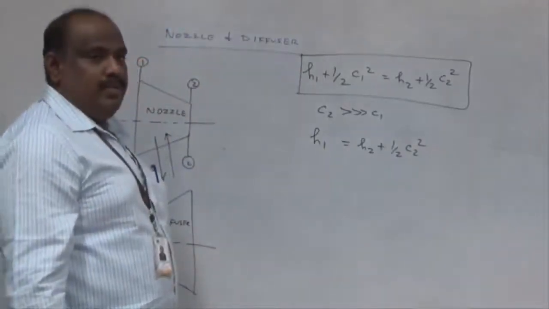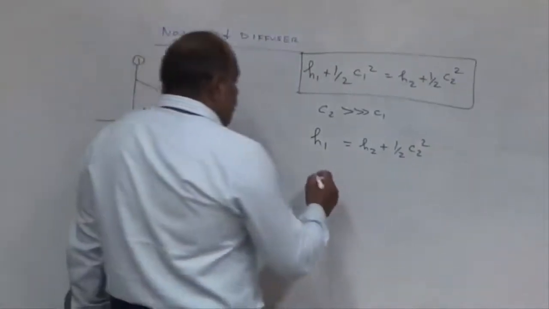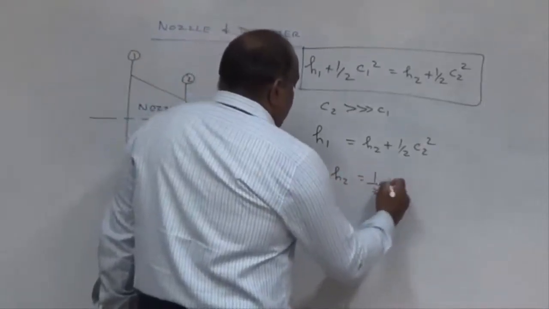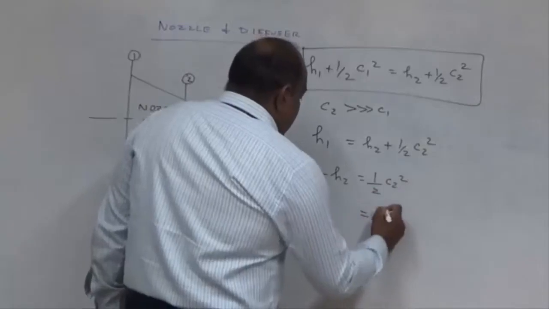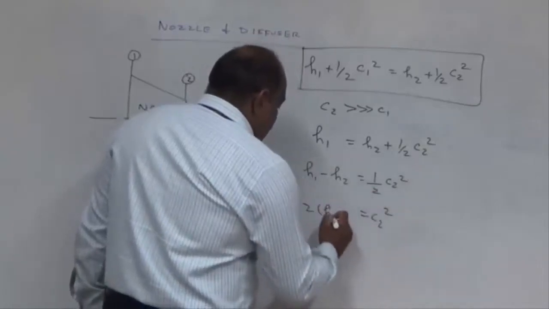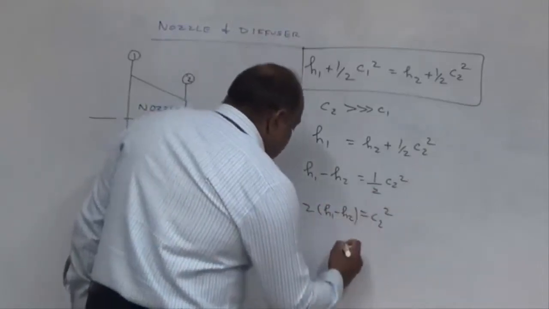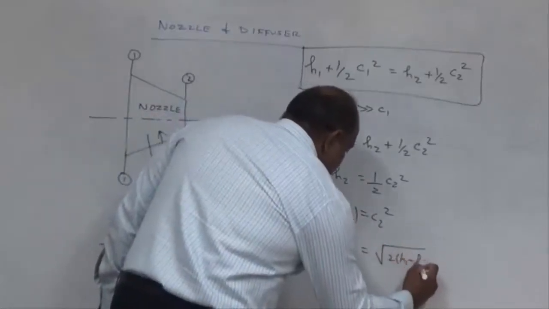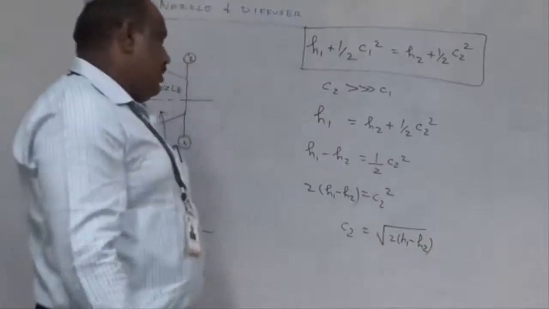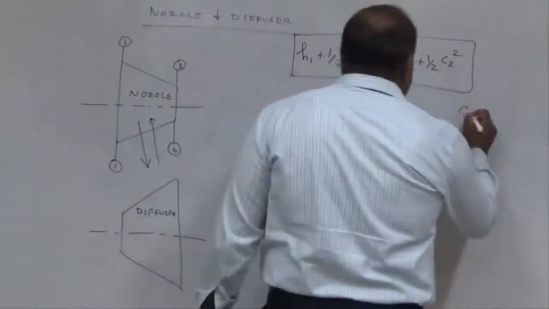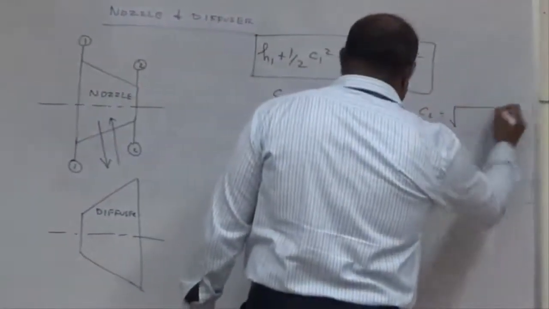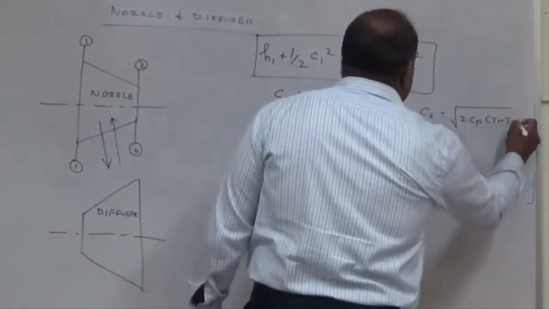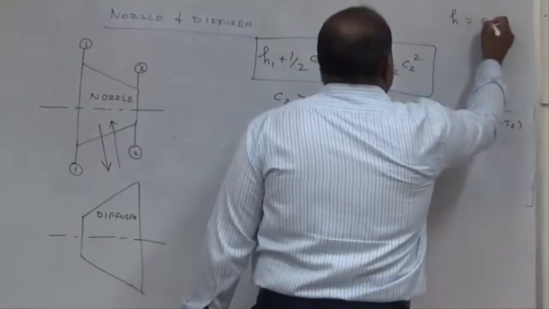To find C2, the exit velocity. So h1 minus h2 equals half C2 square, otherwise C2 squared equals 2 into h1 minus h2, otherwise C2 will be the square root of 2 into h1 minus h2. So what is h1 minus h2? It is Cp into T1 minus T2, because we know that small h is given by Cp delta T.